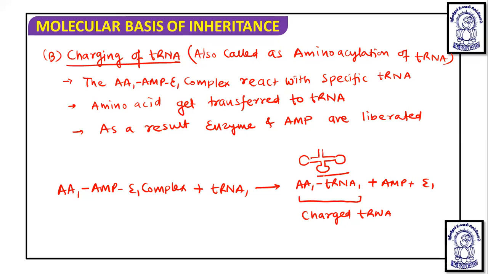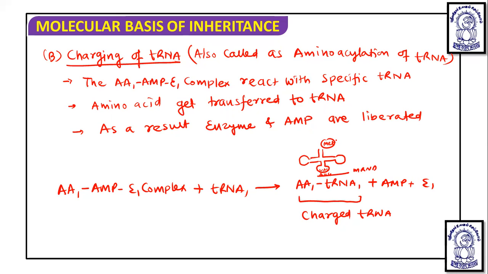So based on the mRNA, suppose this is the mRNA. If the mRNA has AUG, then the anticodon on the tRNA will be UAC, and the tRNA containing the UAC anticodon will have methionine at the 3' end.